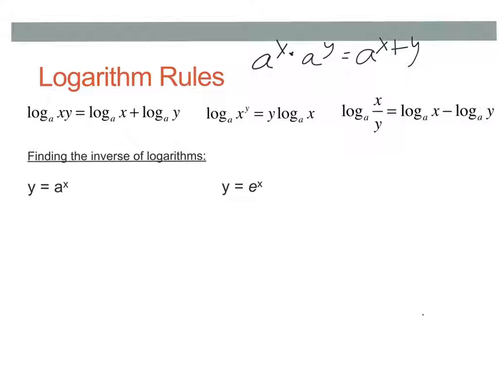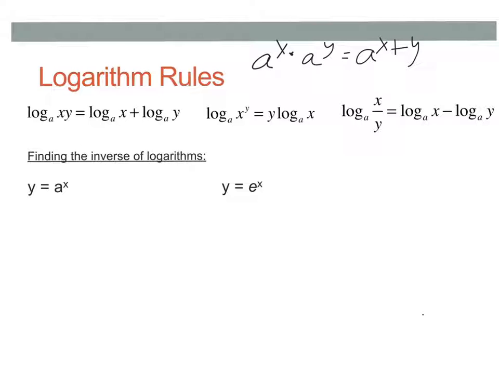Okay, so there are 3 rules. There's the adding rule, that when you add, you multiply. There's the power rule, which is that when you have something to a power, you can drop it down to the front. That's a really important rule.